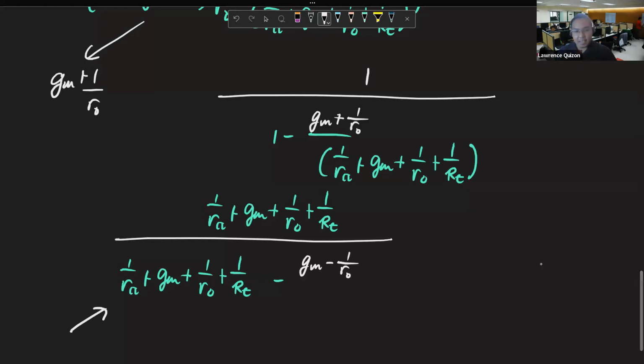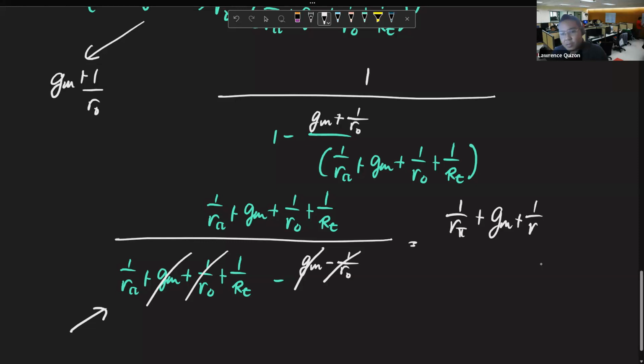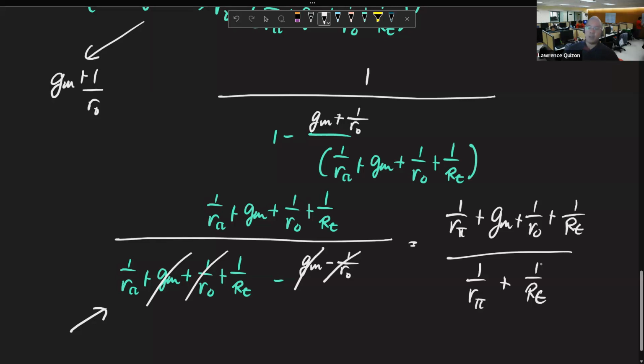The good thing about this is we cancel GM, because minus that plus that, and we cancel 1 over R out. All right? So this becomes 1 over R pi plus GM plus 1 over R out is 1 over RE over 1 over R pi plus 1 over RE. All right?